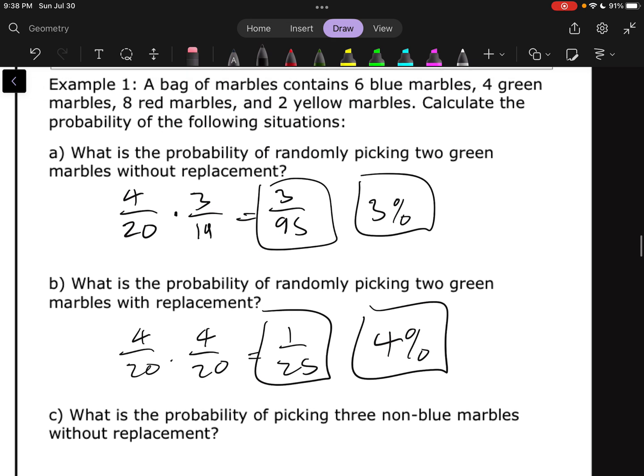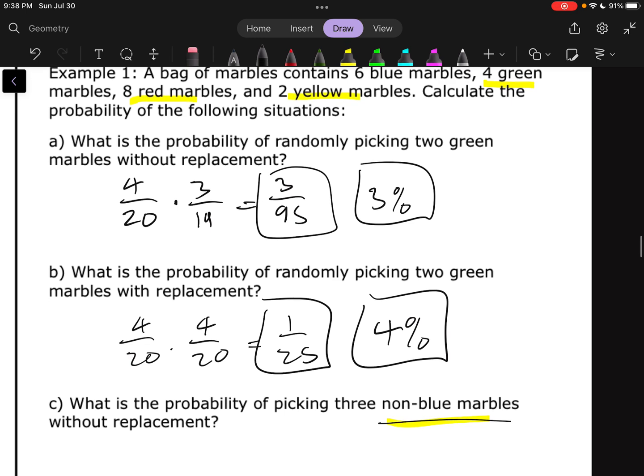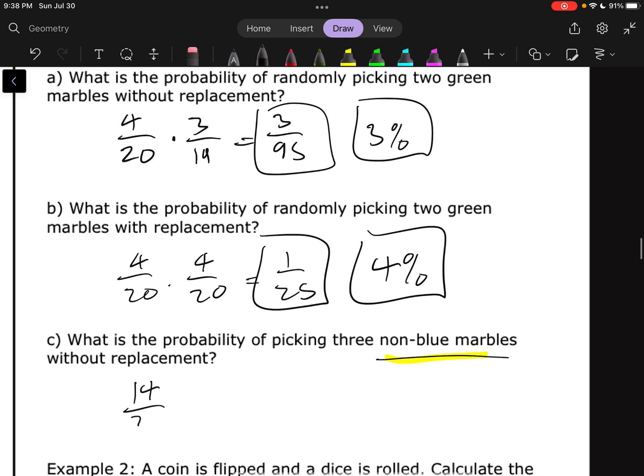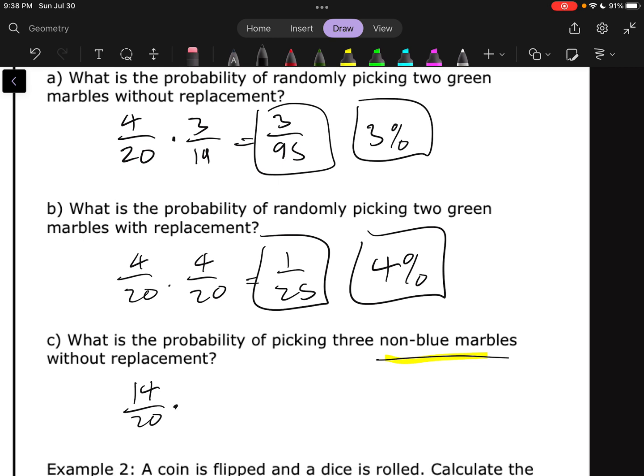Probability picking 3 non-blue marbles without replacement. Non-blue would be the green, the red, and the yellow. That's a 4, a 2, and an 8, that is 14 out of 20. Without replacement means that those are going to go down by 1 each time because I'm not replacing them.